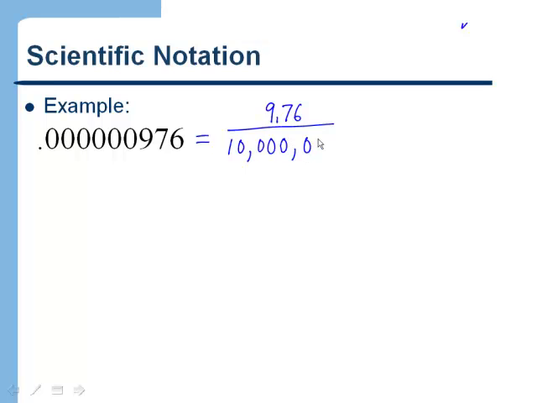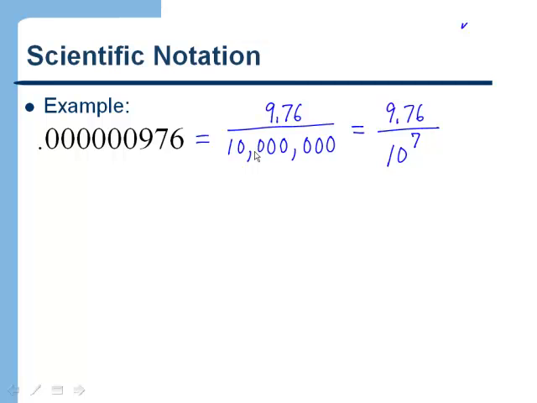Now, it might not be immediately obvious to you that that's equivalent, but if you go ahead and try it on your calculator, take 9.76 and divide by 10 million, you'll see that yes, you get back to our original number. The next thing I'm going to do is write 10 million using exponents. That's simply going to be 10 to the 7th, because again, I've got 1, 2, 3, 4, 5, 6, 7 zeros.